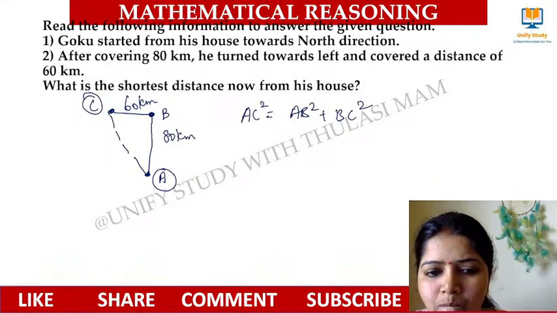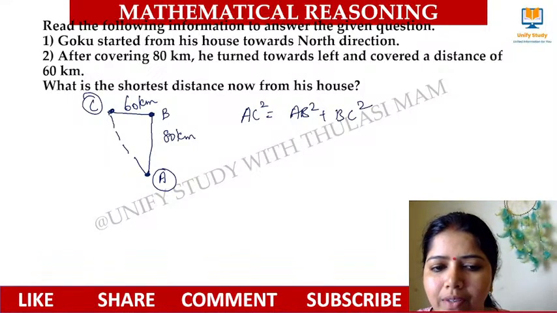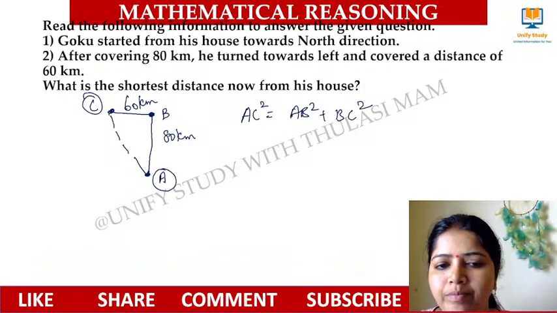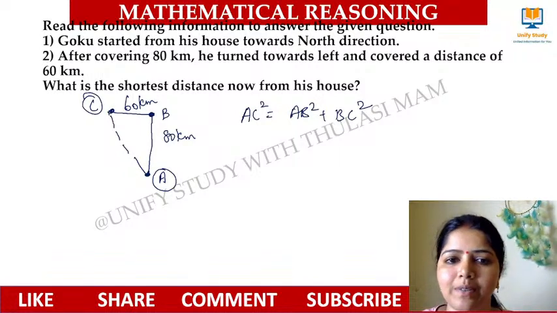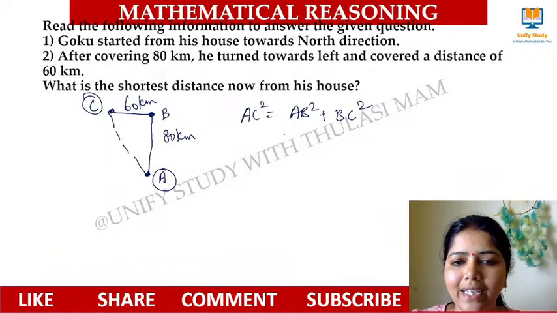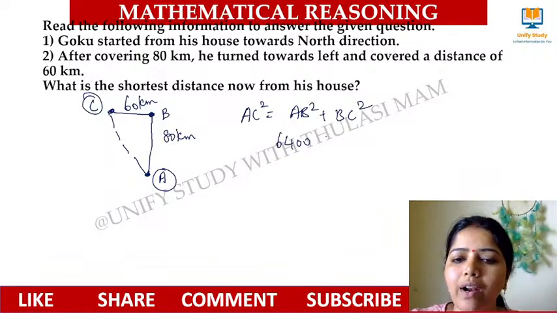Yes, easy. I will give you the options. Shall you try? Yes, do try. What will be the answer? 80 squared is what? 6400.